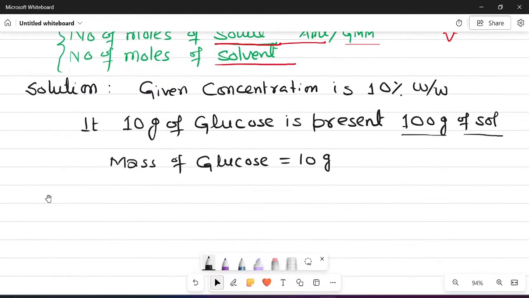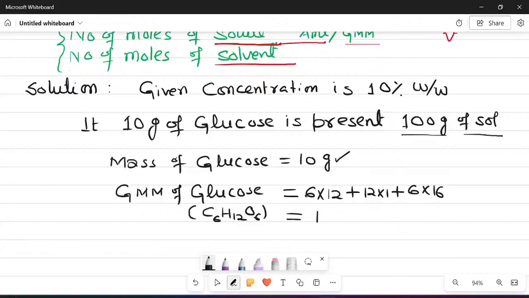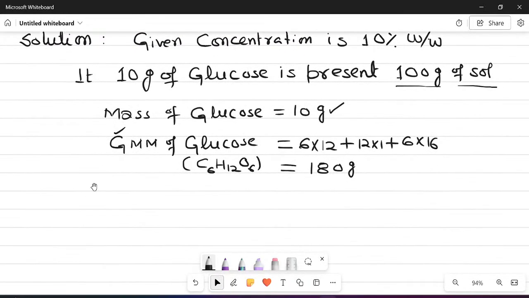So mass of glucose is 10 gram. But we require number of moles. So for glucose we have to calculate its gram molecular mass. Adding all these you will get 180 gram molecular mass. That means 180 gram of glucose is equivalent to 1 mole.